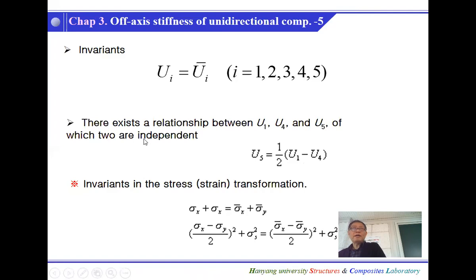And the invariant concept is similar in stress and strain transformation. These are I1, I2, and I3, all the stress invariants, and I1 is the center of a Mohr circle, and this one is the radius.